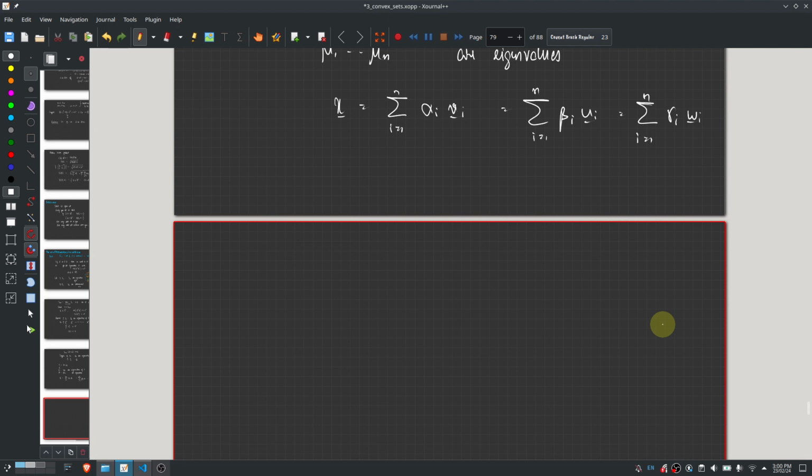Now suppose you wanted to find the largest or the smallest eigenvalue of a particular symmetric matrix, how would you get it? Correct. So x transpose Ax. I can look at the maximum of x transpose Ax, and that would give me the largest eigenvalue. We're going to use something similar.